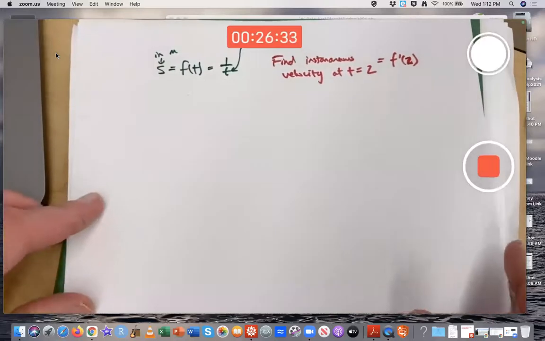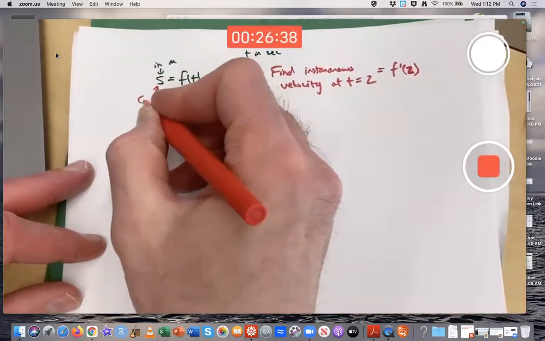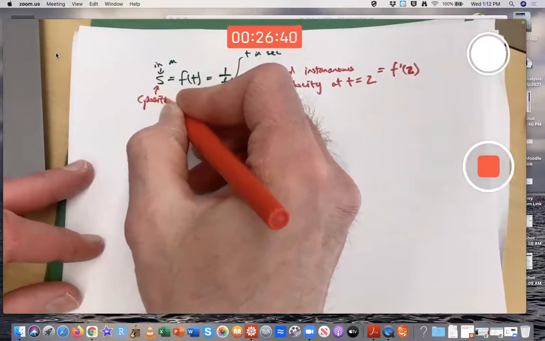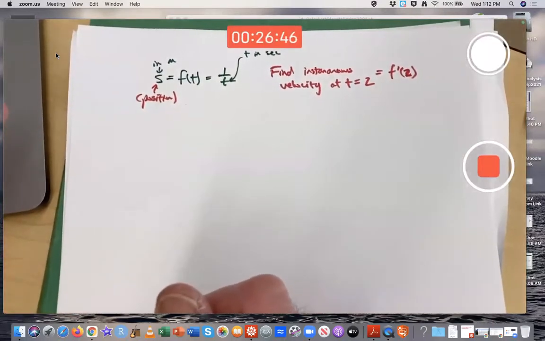And here it's really better, you could call S a distance, but it's really better to call it a position instead of a distance, because distance should be positive. Position could be positive, but it could be negative, depending on where you put the origin, 0. Distance always increases.